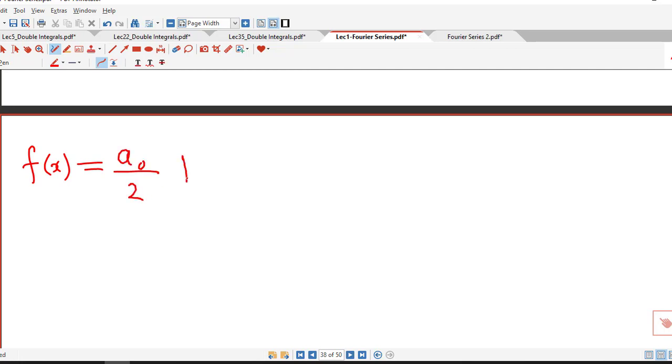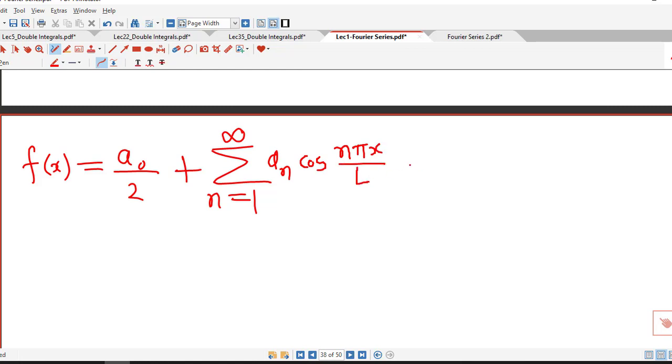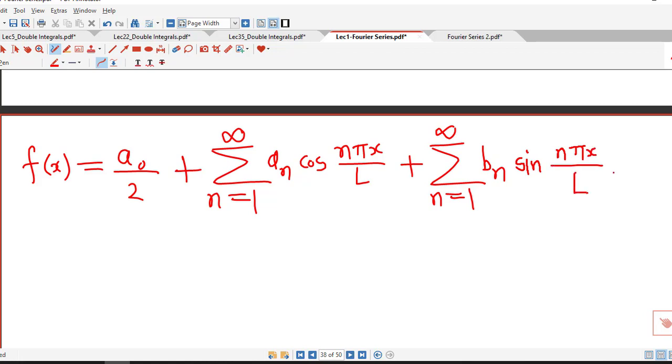Fx is a0 by 2 plus sigma n equal to 1 to infinity an cos n pi x divided by L plus sigma n equal to 1 to infinity bn sin n pi x divided by L.